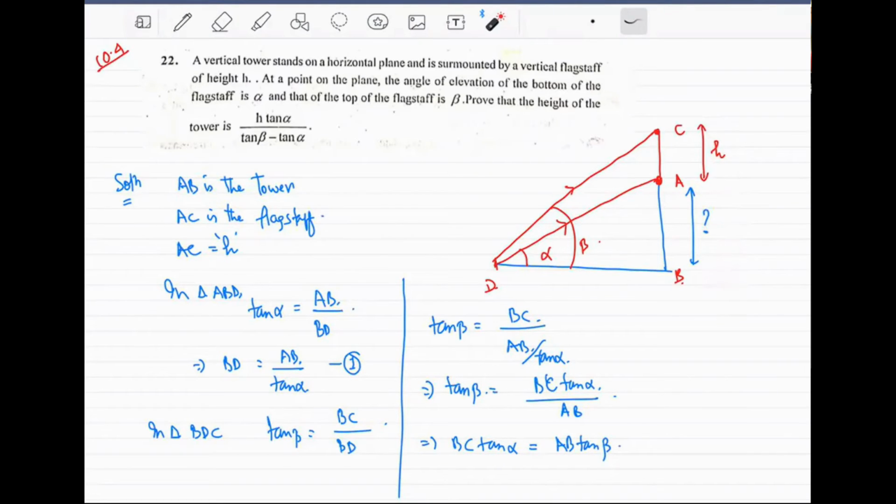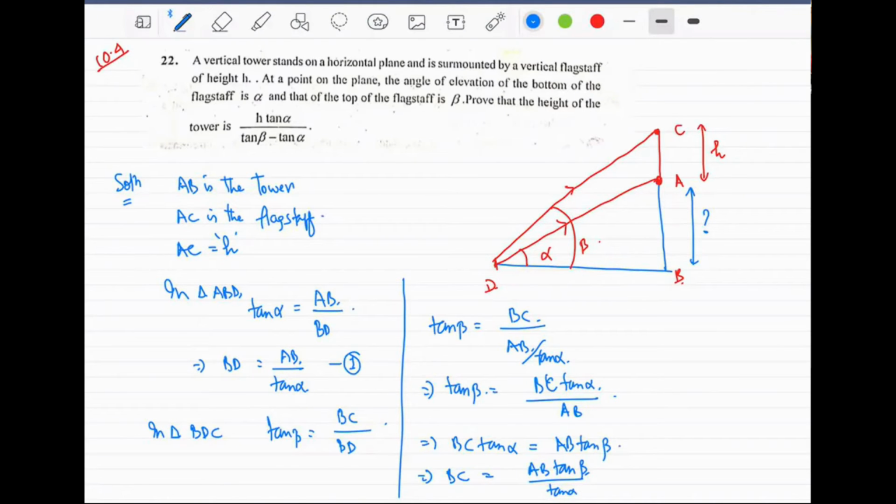The previous method also works, but it's going to be a little long. That's why I'm deviating to another way. So you find out BC. BC you can find out easily. Tan alpha, you just have to take it away to the other side, right? So BC will be AB tan beta by tan alpha.